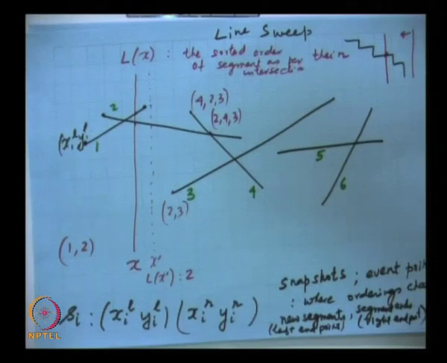Now, what is the difference between these event points? Are these all event points known to us? First two are known. The third one, the one that we are interested in, is obviously not known, because we wouldn't have run all this algorithm.